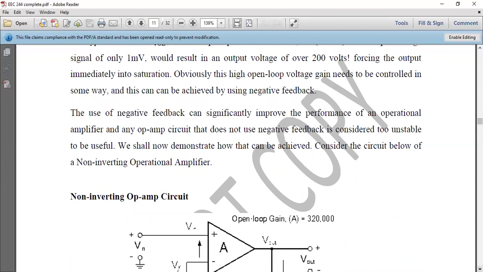Any operational amplifier that does not have a negative feedback is regarded as an unstable amplifier, and it will not be really useful in circuits because the output will fluctuate so much. That is why negative feedback is an advantage, despite the fact that it reduces the gain of the amplifier. So that is how we can wire it, like we show above.